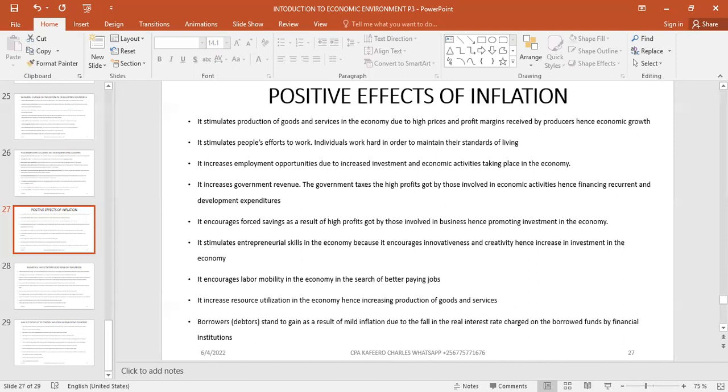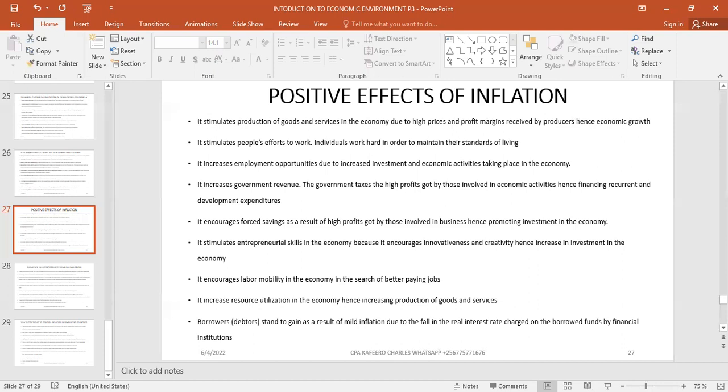And when they are looking for that better standard of living, they have to look for other employments which can pay them highly, because we said that the investments are there. So when the investments are there, the employments are created, so it will facilitate people to move from one job to another so that they can settle where they are comfortable and they are being paid well.